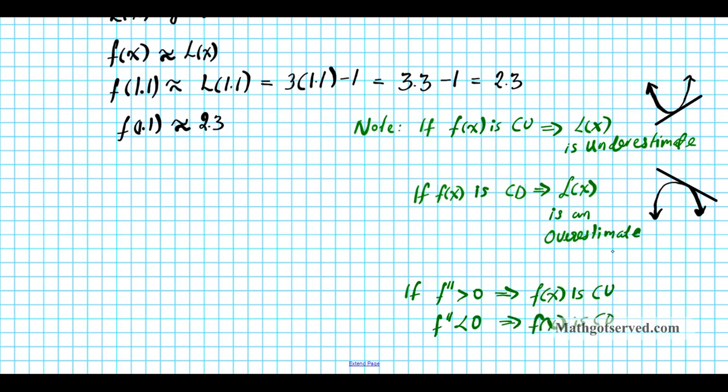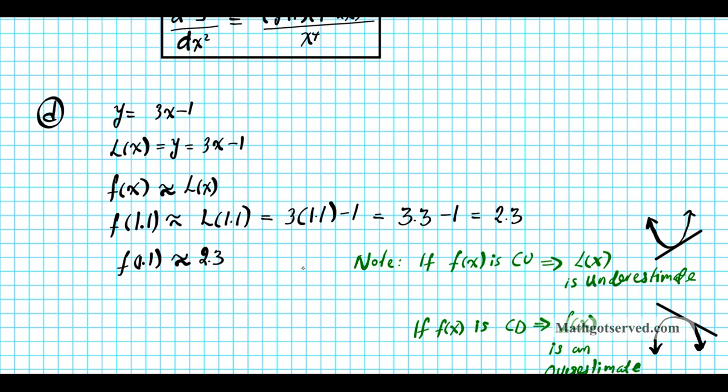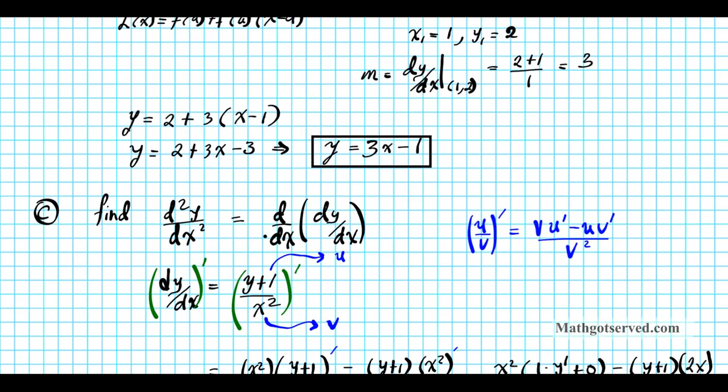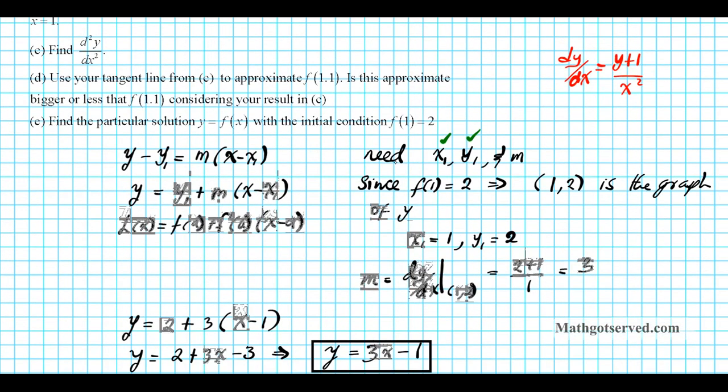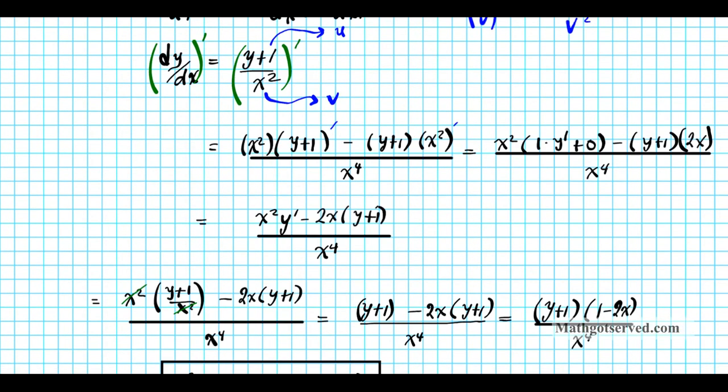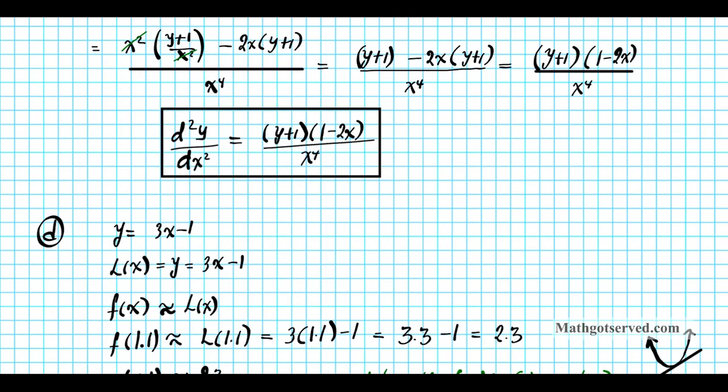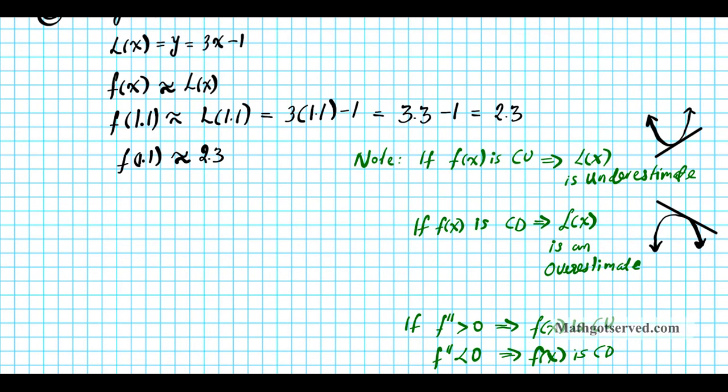So all we need to find out now is the sign of the second derivative. What is f double prime at x equals 1? We're looking at x equals 1 because that's what we used to write down the equation of the tangent line.